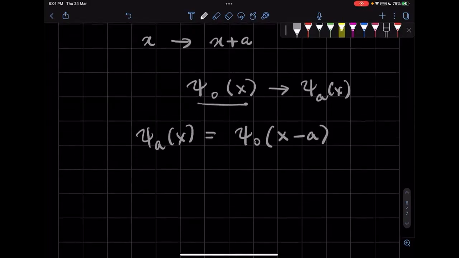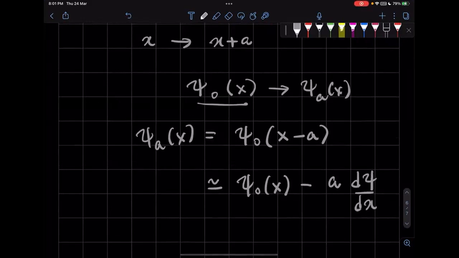And now suppose a is small. Then I can expand this to psi of 0 at x minus a times d psi by dx.